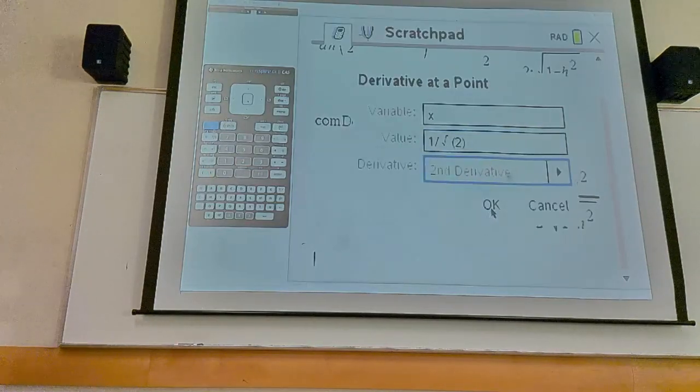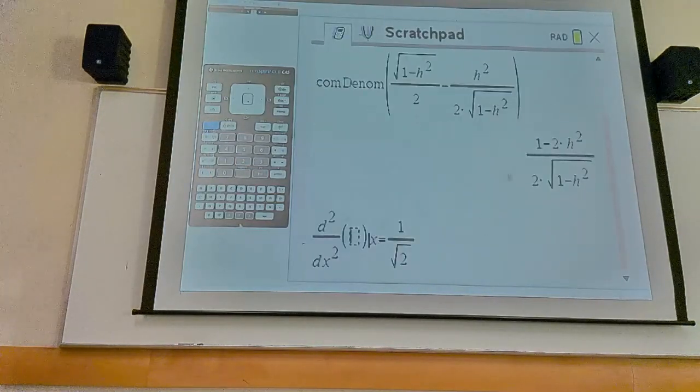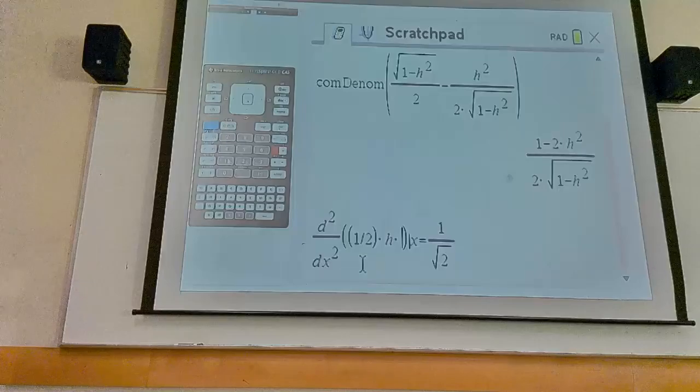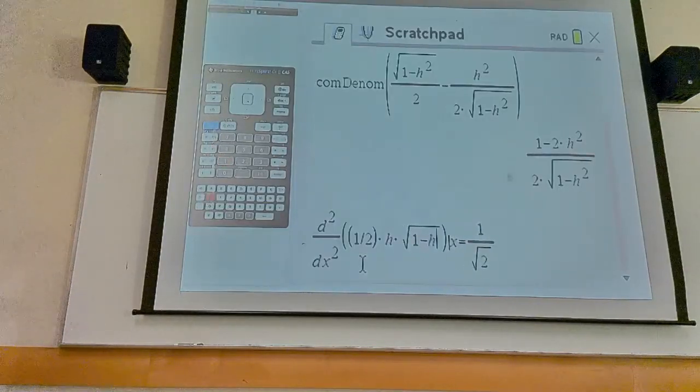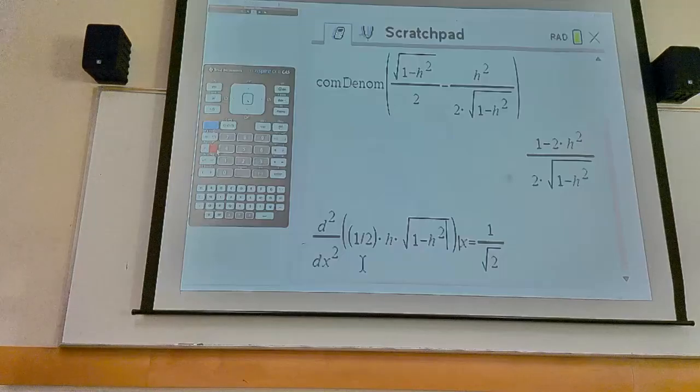Oh, I have to do this in terms of x because I wasn't really looking to change the variable.